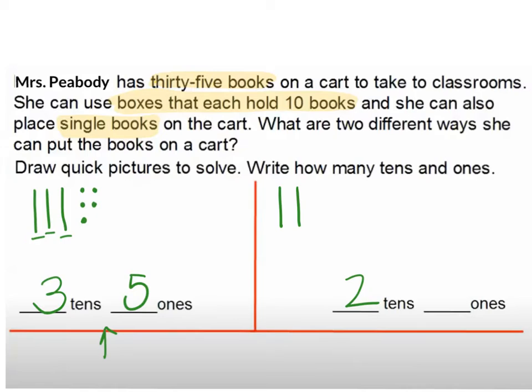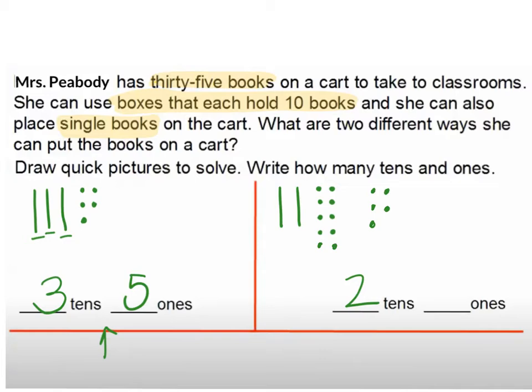Let's keep going with 1 blocks all the way to 35. So we have 20, 21, 22, 23, 24, 25, 26, 27, 28, 29, 30, 31, 32, 33, 34, 35.